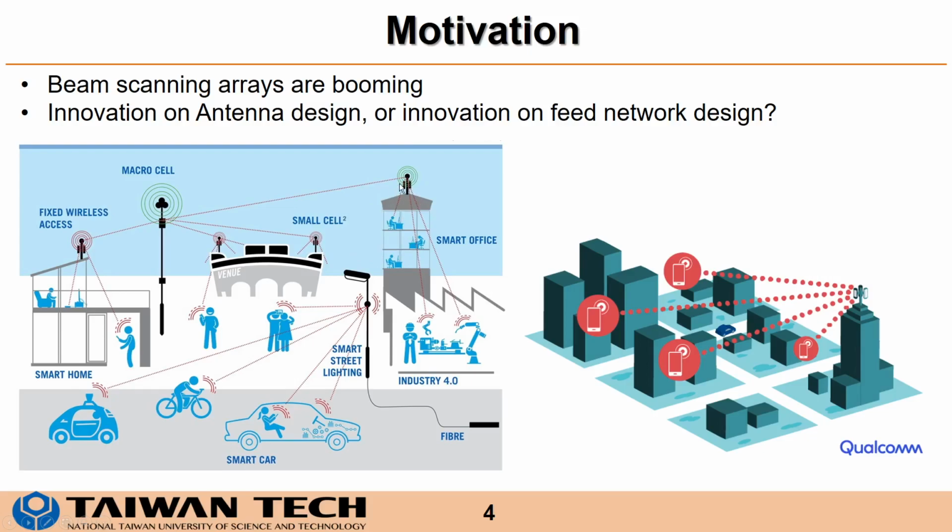The base station antenna needs to cover a really wide spatial area where the user can be smart home, fixed wireless access point, macro cell, smart car, and so on. First, the operating bandwidth and the spatial coverage are always in demand. To address the problem, in this research, we design several beamforming networks which are capable of providing continuous wideband beam steering over a relatively wide spatial coverage.